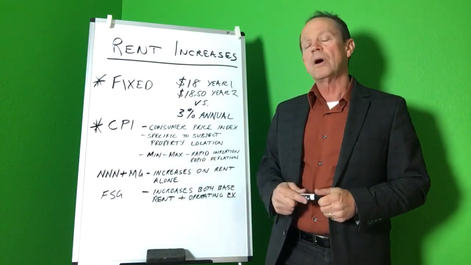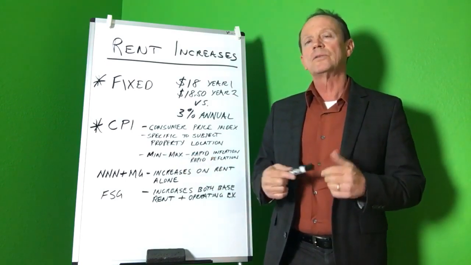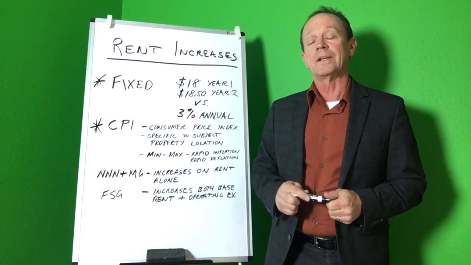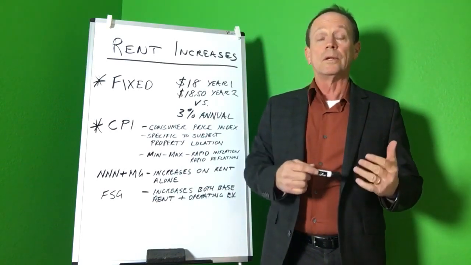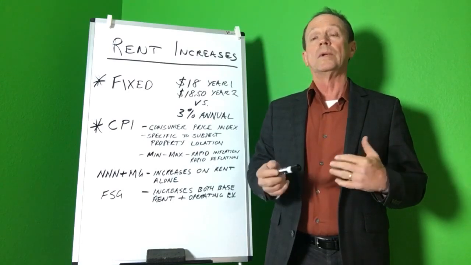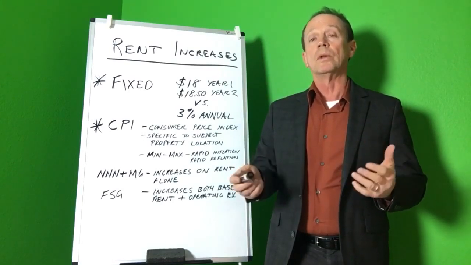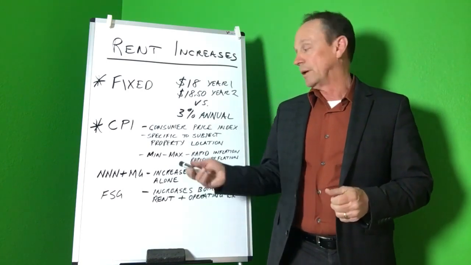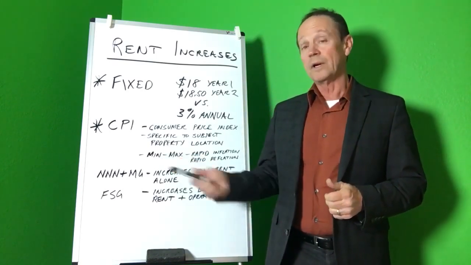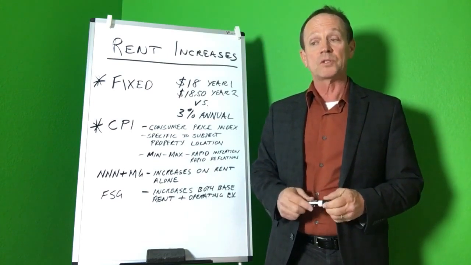One thing to be cautious of is to insert in there a minimum and maximum. I see this quite a bit where you don't want, as a landlord, to see the rent falling below, say, a 3% or a 2% rate. And of course, if you're going to put in a minimum, you're going to have to put in a maximum as well.